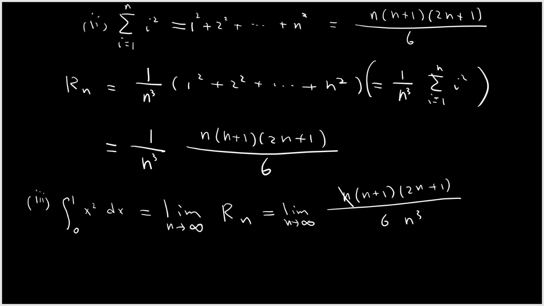You cancel out n from the numerator and the denominator, so n cubed will become n squared. I think you see what's going on. Equals the limit as n approaches infinity, on the denominator you have 6n squared.